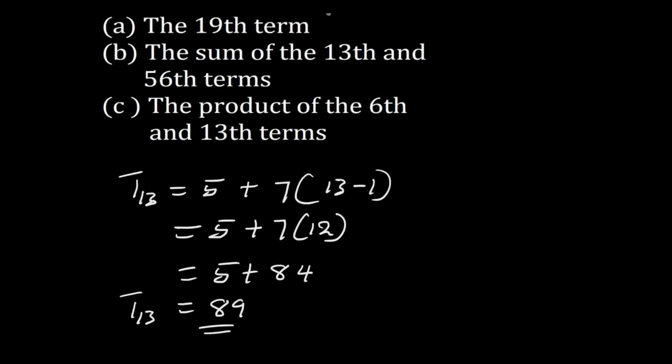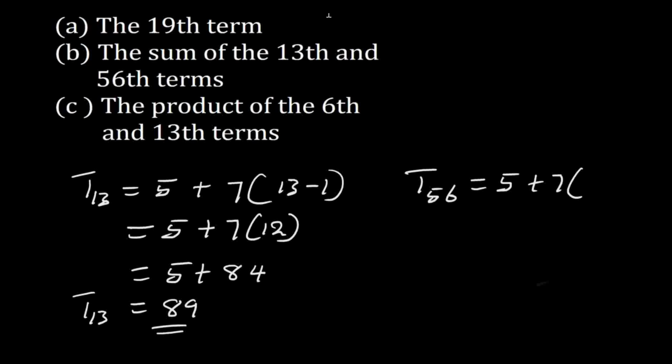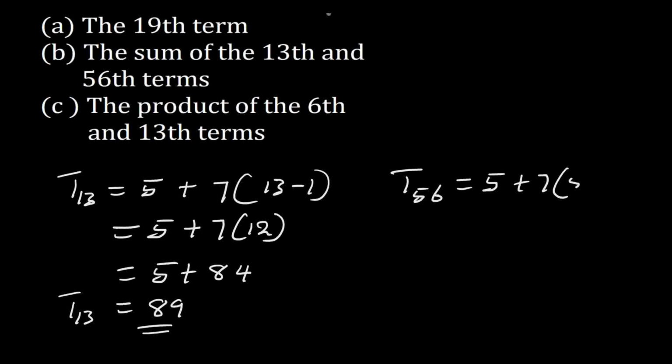And the 56th term is equal to 5 plus 7 times 56 minus 1. This will be equal to 5 plus 7 times 55. 7 times 55 is 385.